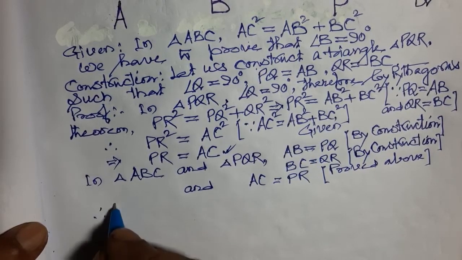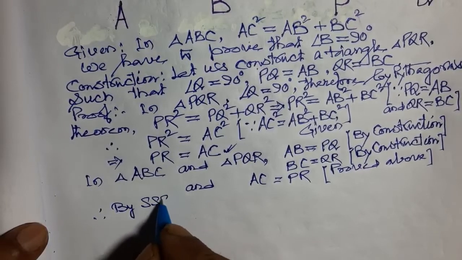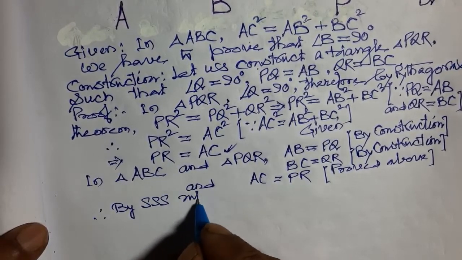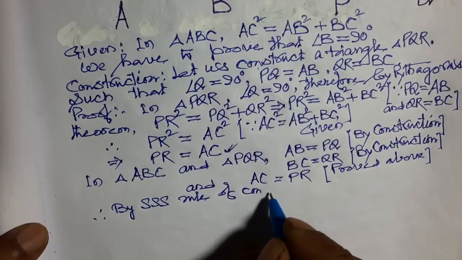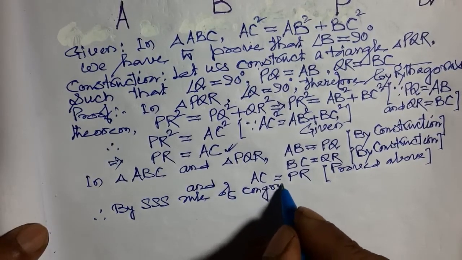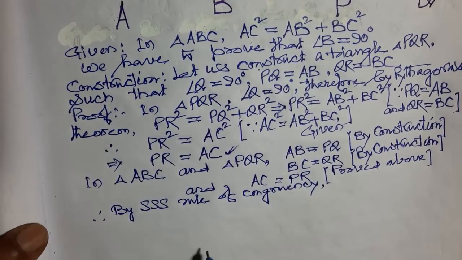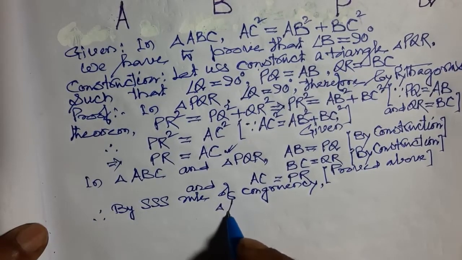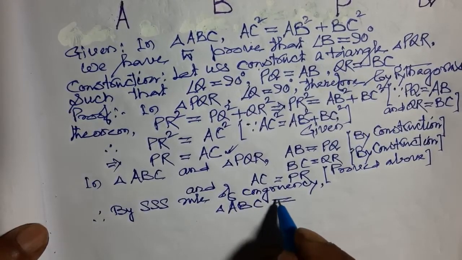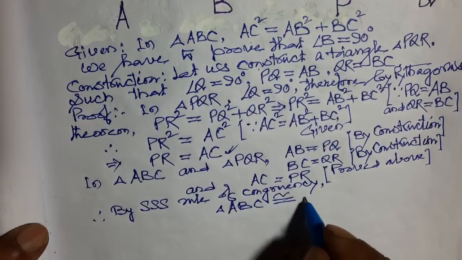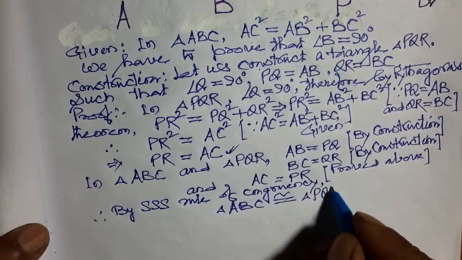Therefore, by SSS rule of congruency, side side side rule of congruency, triangle ABC is identically equal to triangle PQR.